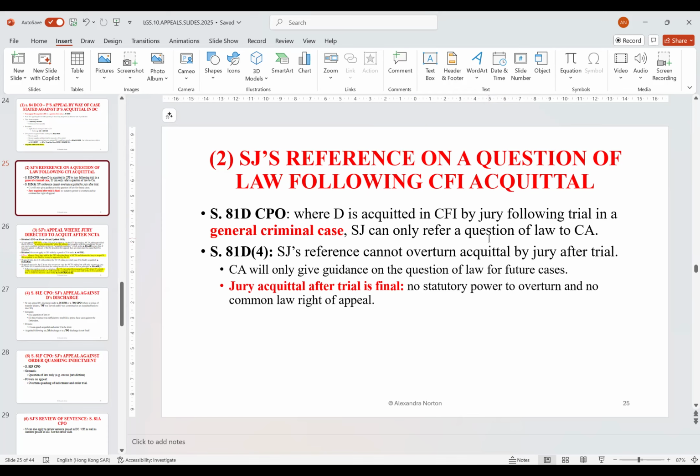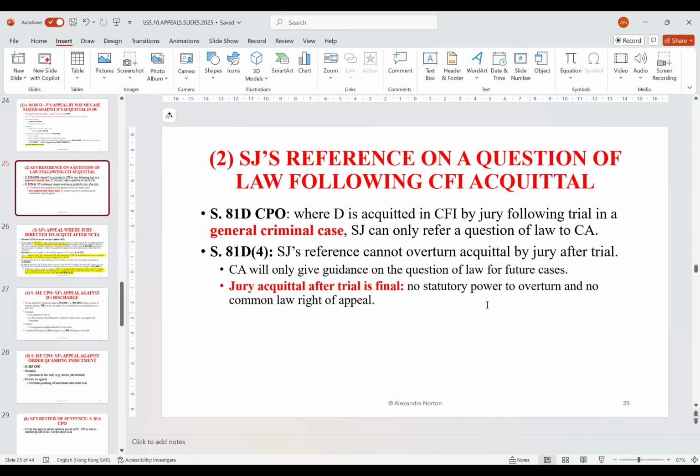All that they can do is refer the question of law. So where the jury acquits after trial, that acquittal is final because the CA cannot overturn it on appeal. Why not? Because there is no statutory basis for them to be able to do so.